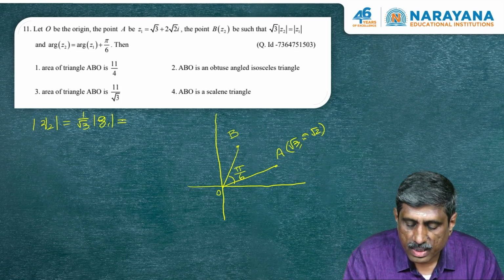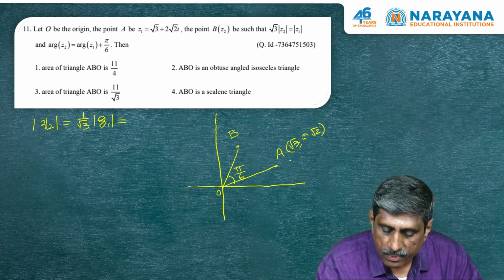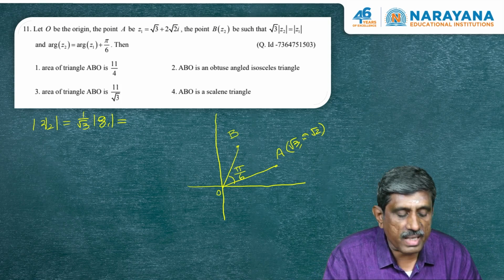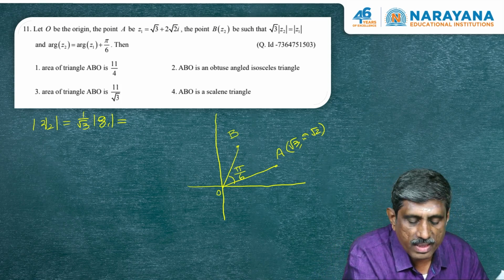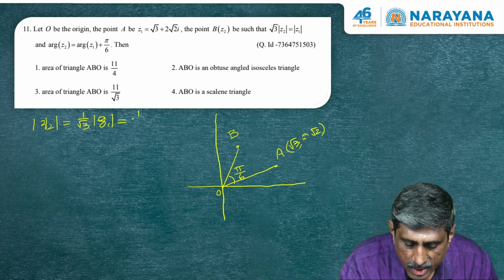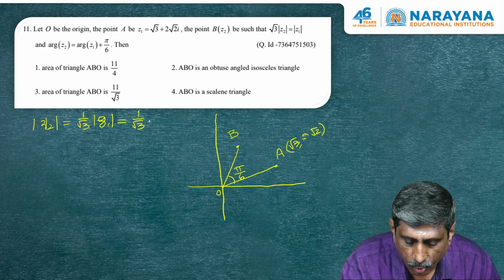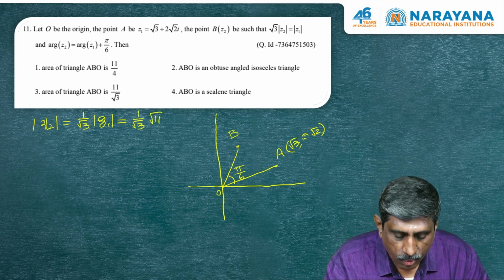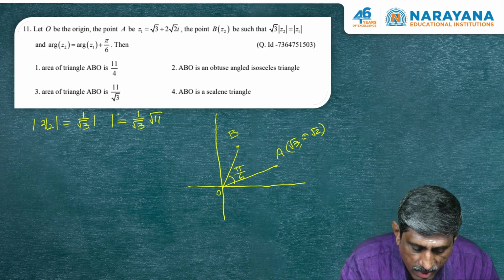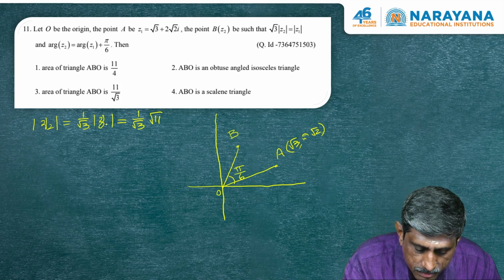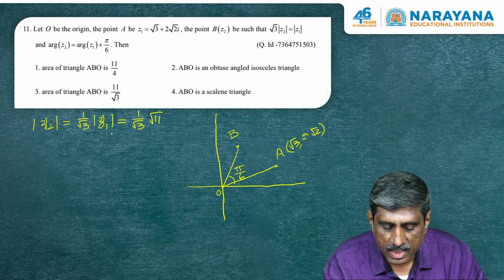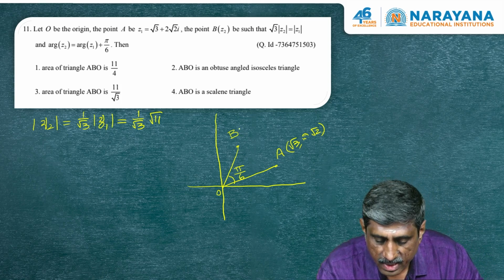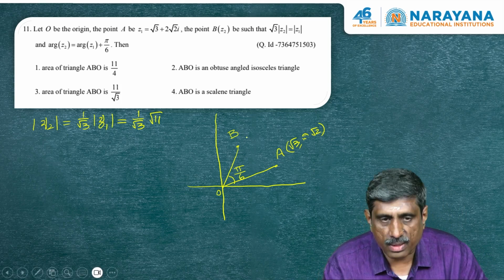And what is mod Z1? It is the square root of 3 plus 8, which is root 11. This is Z1, and this is the point Z2. So, we are getting the point B, which is Z2.